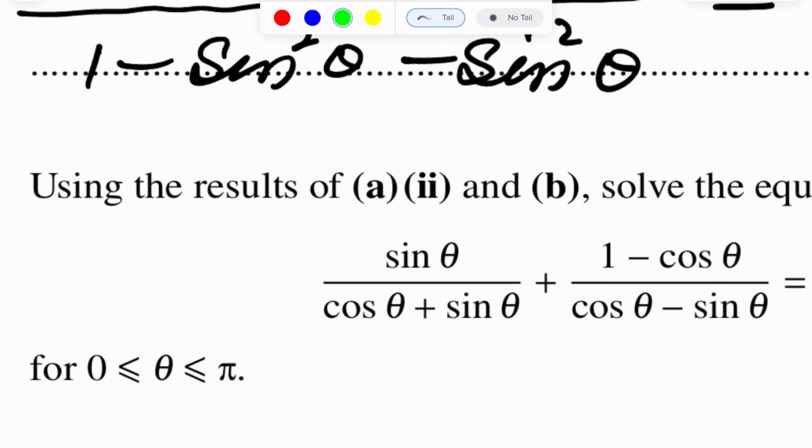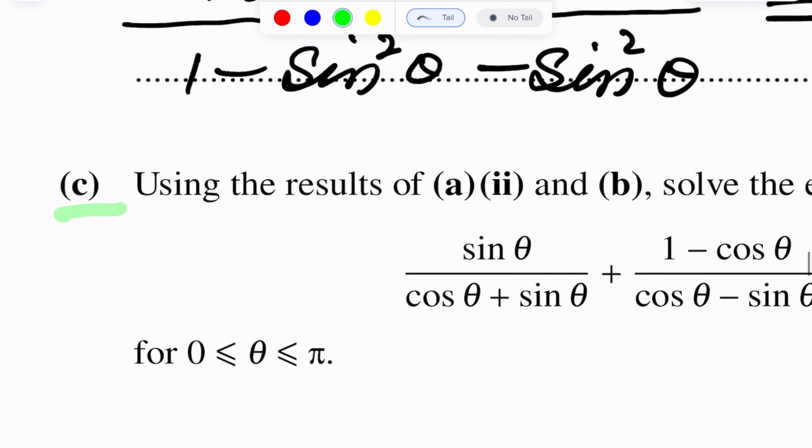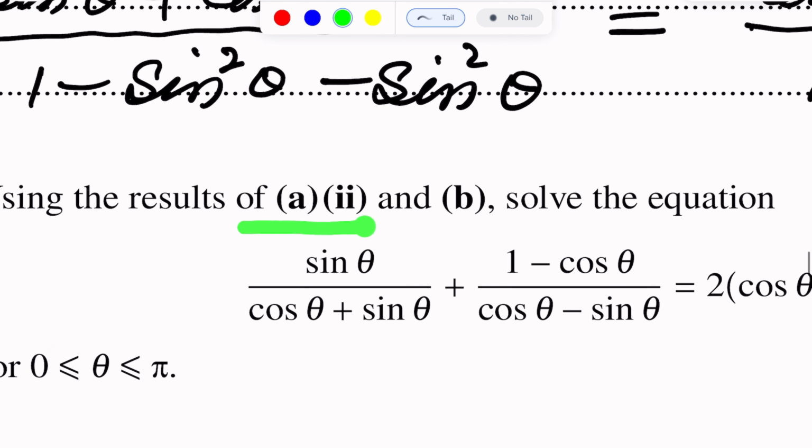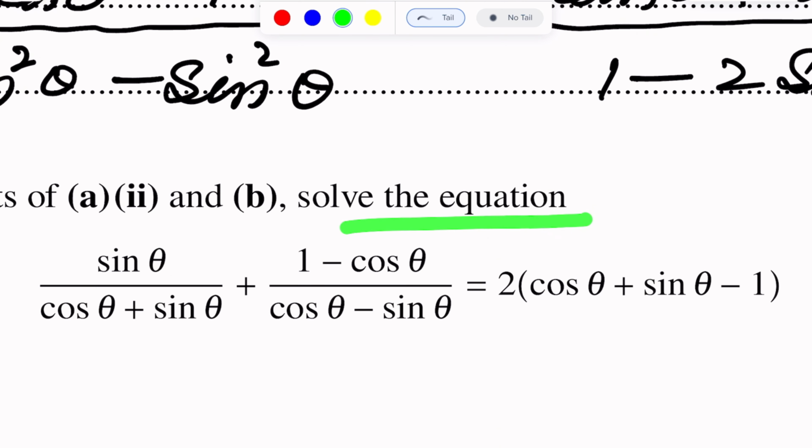So next part C of this question is, using the results of part A sub part 2 and part B, solve the equation.